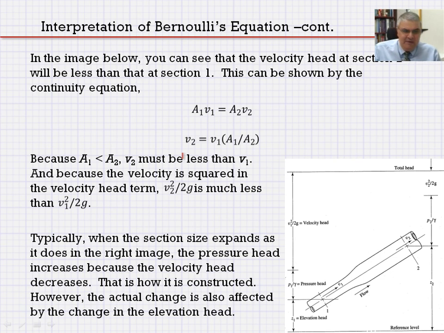And because the velocity is squared, as you can see in the terms V2 squared divided by 2G versus V1 squared divided by 2G, V2 squared divided by 2G is much less than V1 squared divided by 2G.